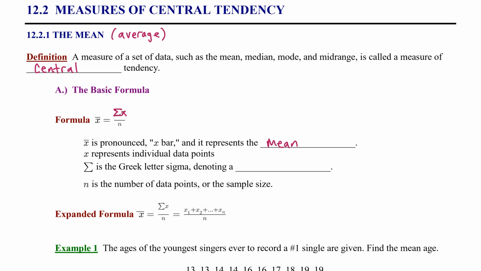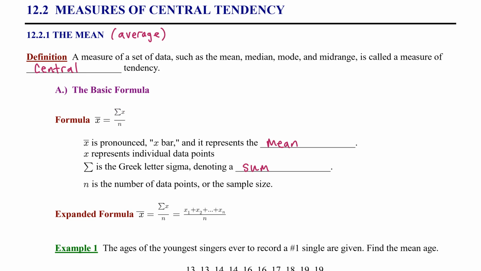So that big sigma is a symbol representing a sum. So that's telling me add up all of the data points, where n is the number of data points, or the sample size. You can think of it as the cardinal number of the sample space, the total number of elements that I have. So this formula with this notation represents the traditional way of finding an average.